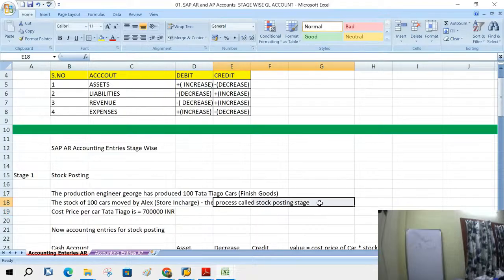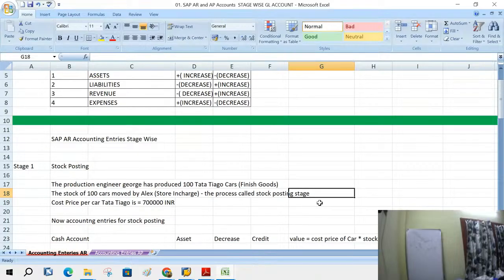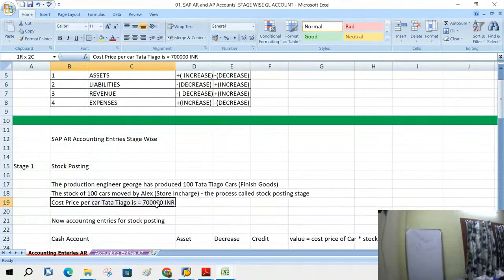That stage is called the stock posting stage. Clear? Then the cost price per car. This you have maintained as 700,000 Indian rupees in accounting 1 view of the material master when you created the Tata Tiago material. Yes or no? Chachi, yes or no?